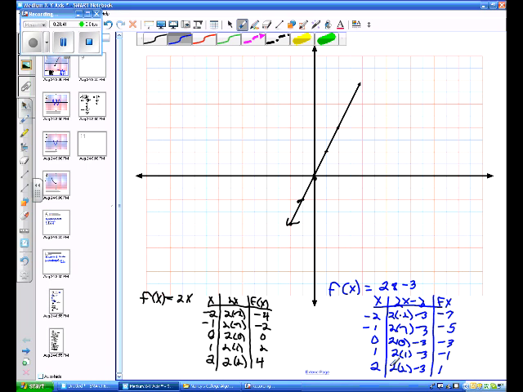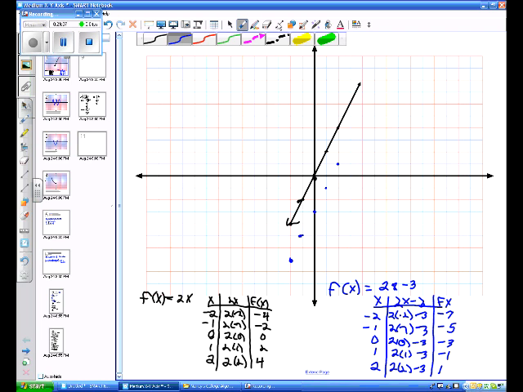Now if we graph these points, we've got negative 2, negative 7. We have negative 1, negative 5. 0, negative 3. 1, negative 1. And 2, 1.